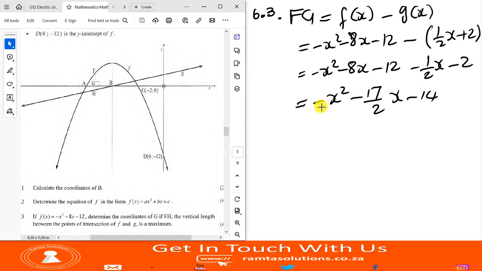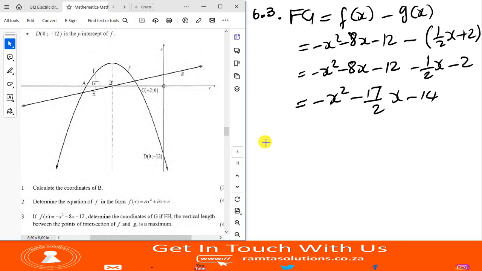And by the way, because this is what we term your frowning parabola, the maximum value is what we call the maximum. The y value of the turning point of this function will be a maximum value.